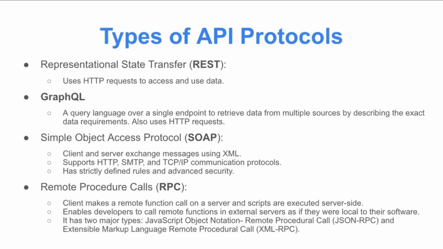In remote procedure calls or RPC APIs, the client makes a remote function call to the server, and then this function is executed server side. And so here the client is using an HTTP post request to call a specific function by name, and then this function is executed on the server.